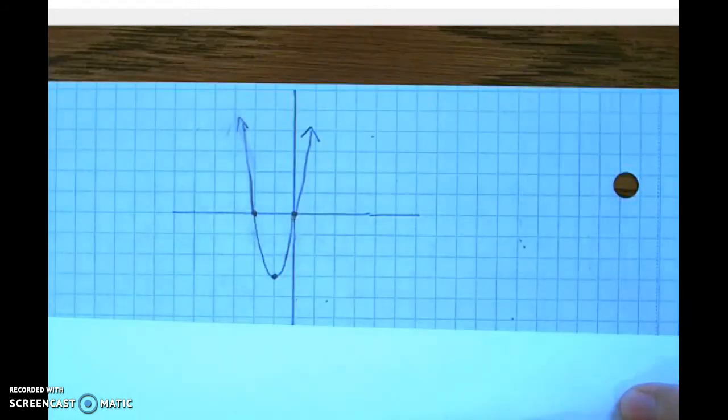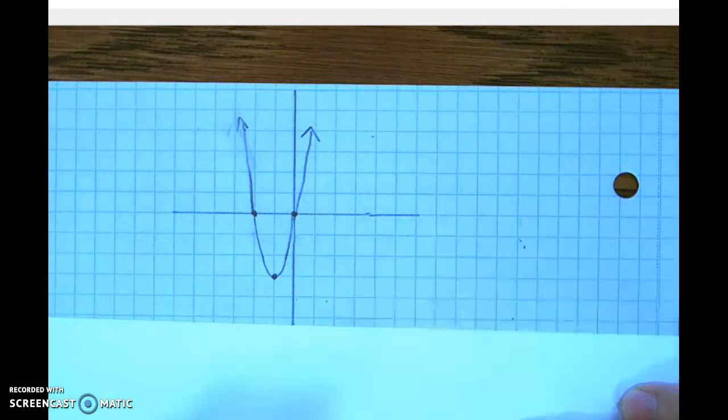So looking at our graph, success criteria number one: what type of function is it? Go ahead and write it down. You may want to stop the video if you want to draw this function into your graph. That would be a good idea.